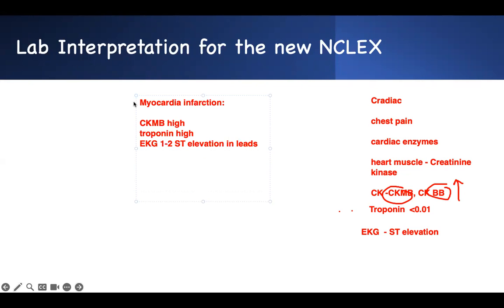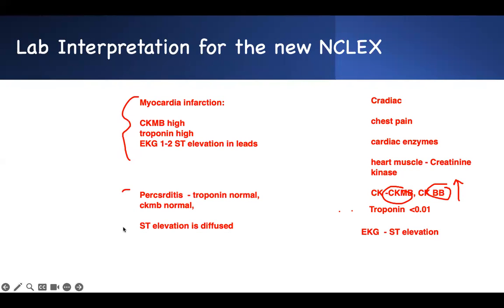Guess what? If you have pericarditis, troponin is normal, CKMB is normal. There's no tissue dying. Your ST elevation is diffused. The word is diffused. That means every one of them is affected. All of them. Because if I give you heart attack or pericarditis, I'm going to give you the same thing.